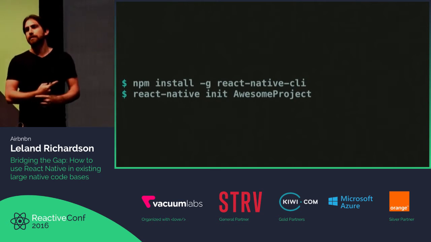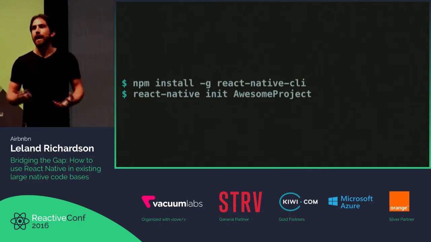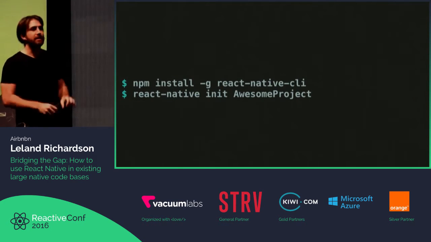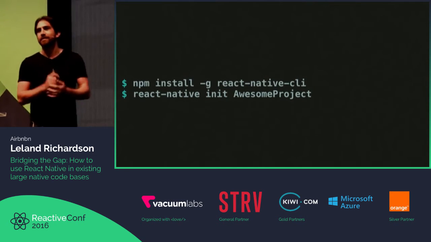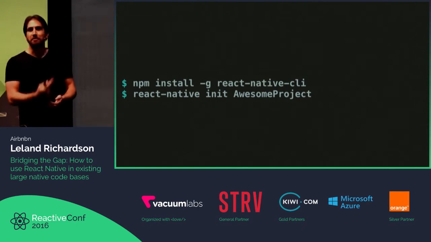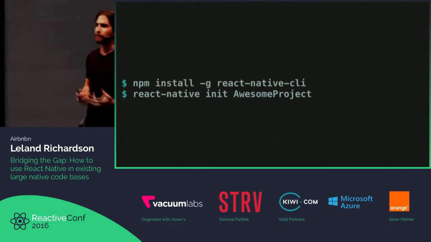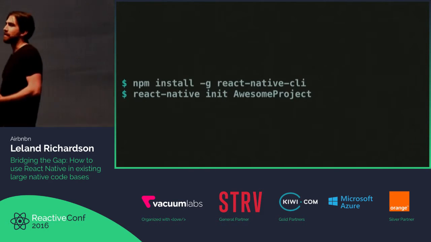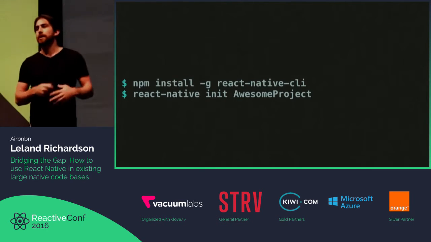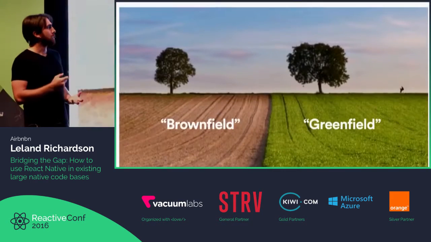But I can't really do this with Airbnb's app, right? I can't just cd into the Airbnb app and run React Native init. That won't work. So this is just the first of many things that are just not going to work out of the box for you.